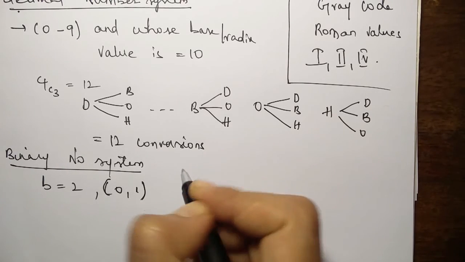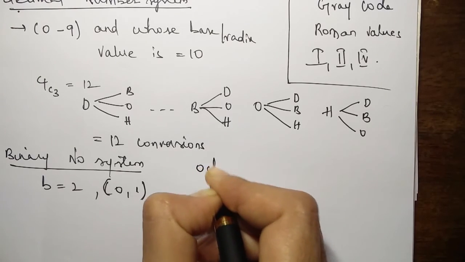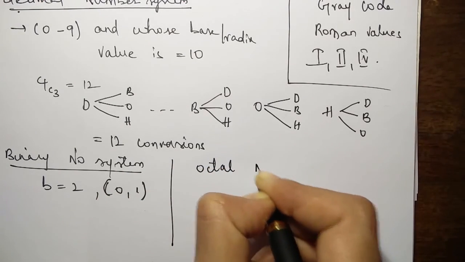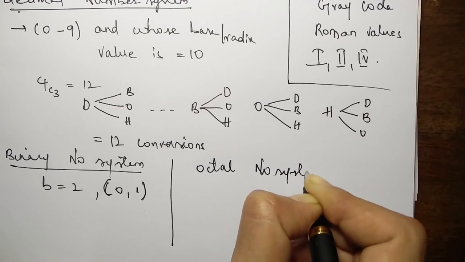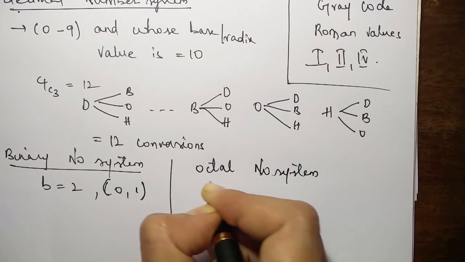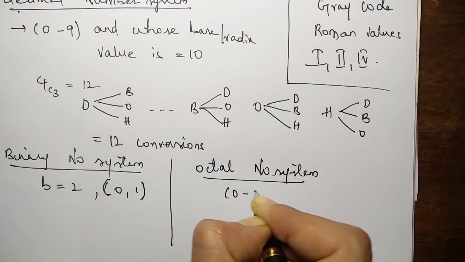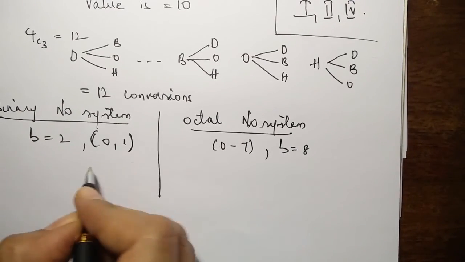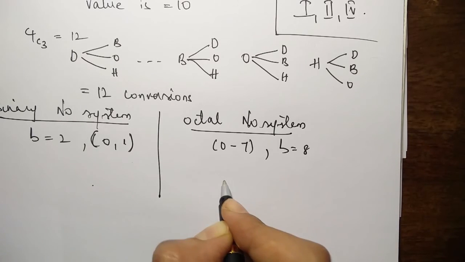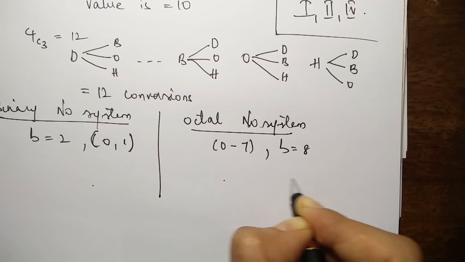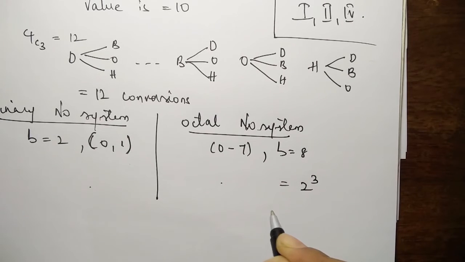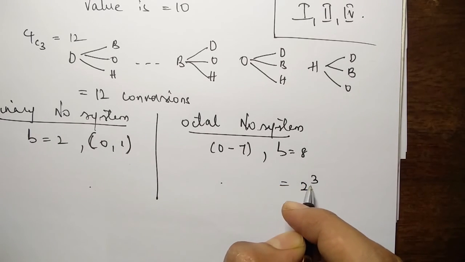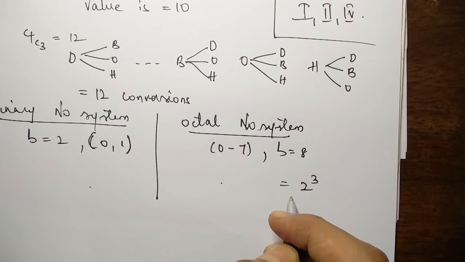Similarly is the case with the octal number system. It takes values from 0 to 7 and its base value is 8. So the interrelation between binary and octal is that 8 can be written as 2 power 3. It means the octal number system is the third power of the binary number system.